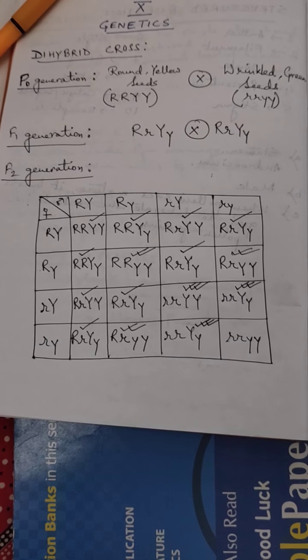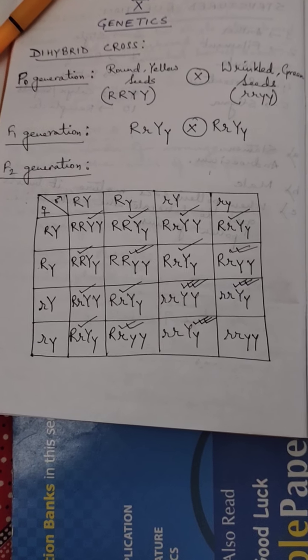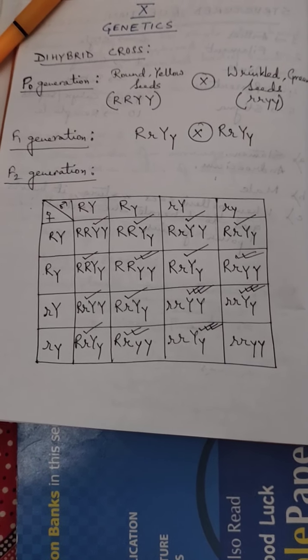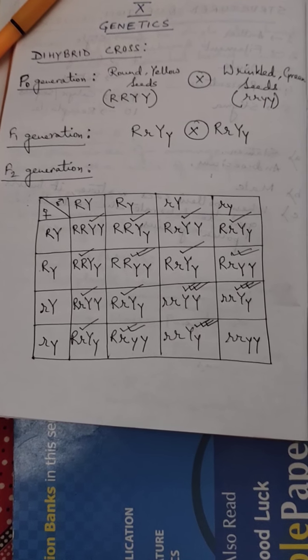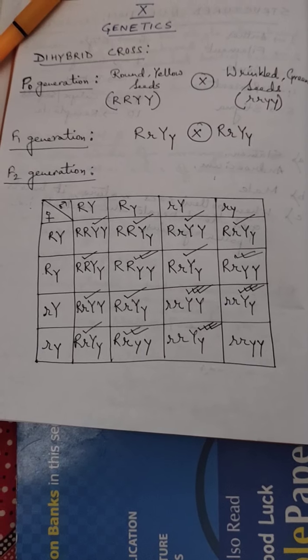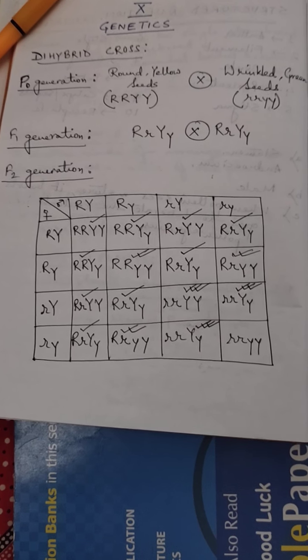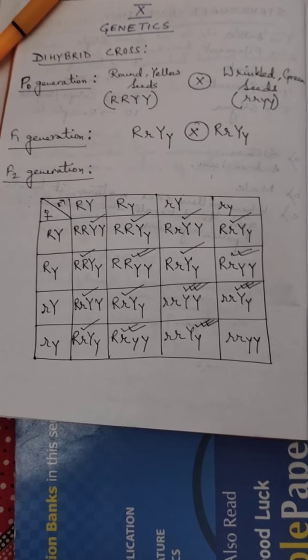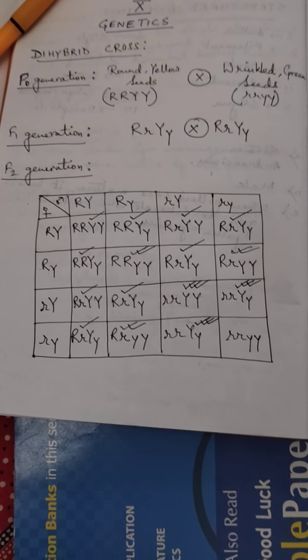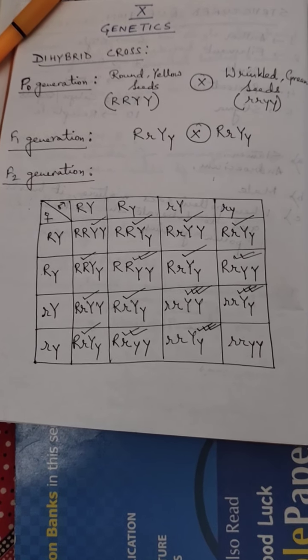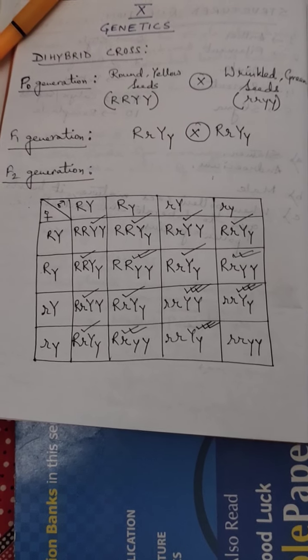Next we will see the third kind of phenotype, that is wrinkled yellow seeds. That means small r, capital Y. Now we have got 3 ticks. You can see in the Punnett square 3 ticks. Small r, capital Y, we have got 3.